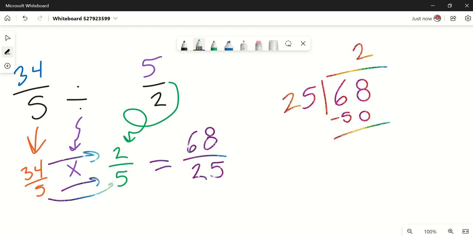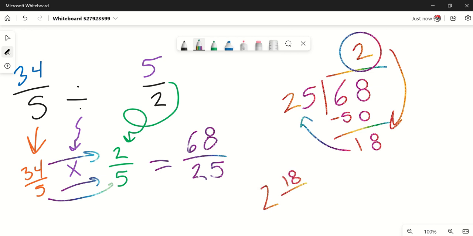When I subtract, 8 minus 0 will be 8. 6 minus 5 will be 1. This will be 2 and 18 25ths. And I need to make sure that 18 and 25 have no common factors. 25 will only have factors of 1, 5, and 25. 2 won't go into it, 3 won't go into it, 6 won't go into it, 7 won't go into it, 8 won't go into it.